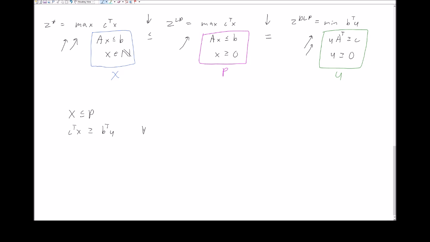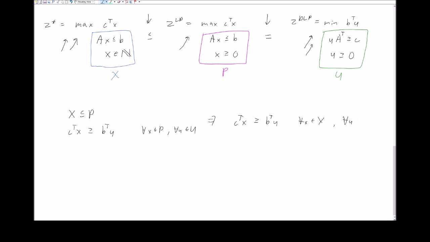And this is going to be true for all x in the polyhedron P and for all u in the polyhedron U. This again comes from linear programming duality theory. These two together imply that c^T x is going to be greater than or equal to b^T u for all x in X and for all u in U.